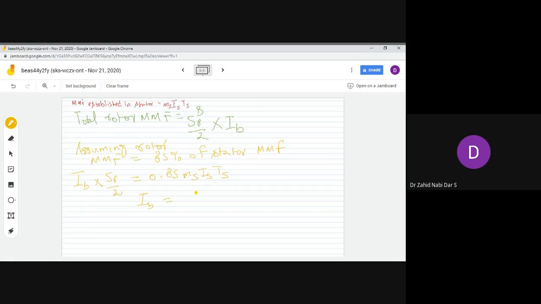Since it's a three-phase machine, we put 3 instead of Ms. The 2 goes up and Sr comes down by cross multiplication, so we end up with IB equal to 0.85 into 6 into Is Ts divided by Sr, in amperes.